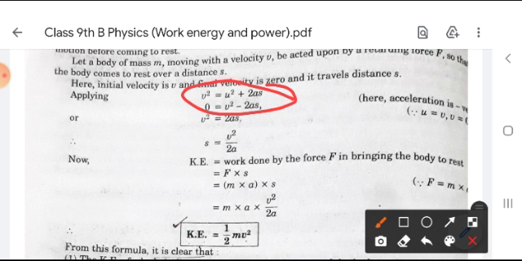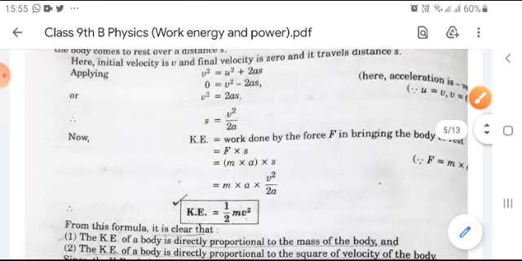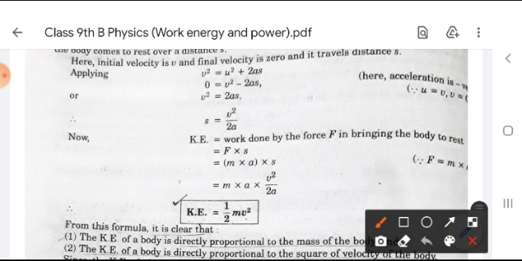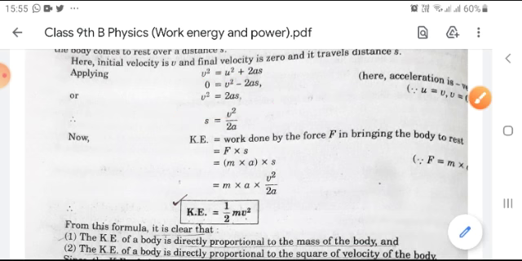Suppose u is 0 here, then v square is equal to 2as. Similarly, if v is 0, what comes? Because the object is moving and after applying the brake it stops, the final velocity is 0. Then 0 is equal to u square minus 2as, so u square is equal to 2as, or s is equal to u square upon 2a.